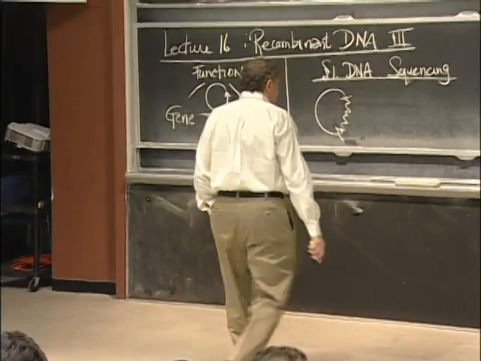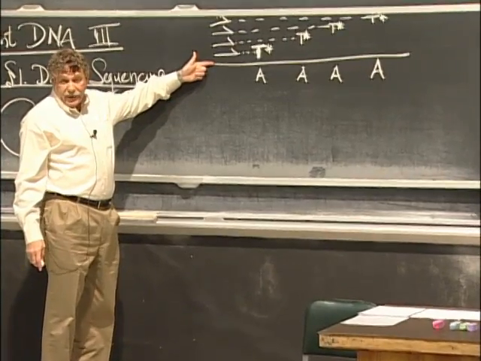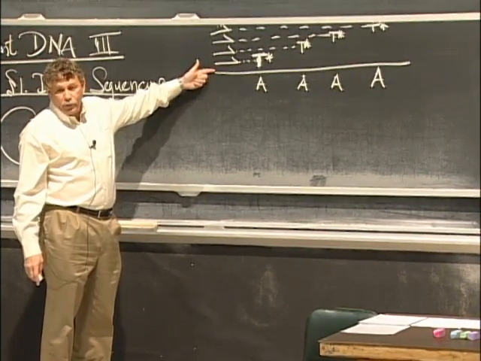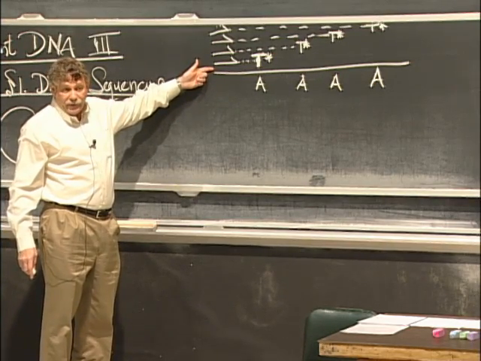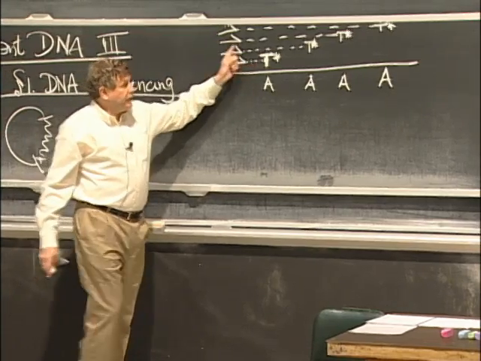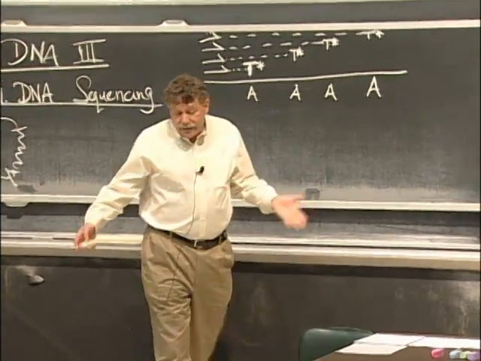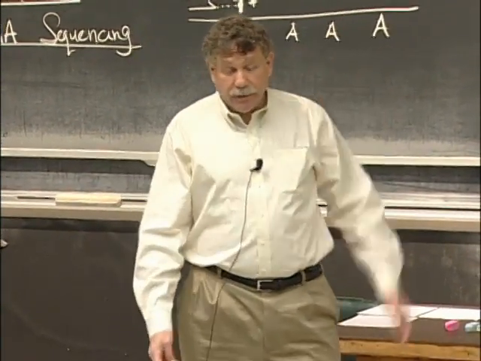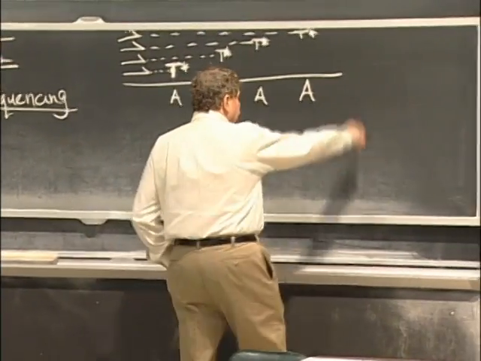Since we have millions and millions of copies of our template sitting there in the test tube, when I draw a picture of a molecule, we should always know that there's millions of copies of those things. Some of them are stopping here, some of them are going here, et cetera. And we end up with a large collection. And if we separate it on a gel, we can detect the lengths of those fragments.